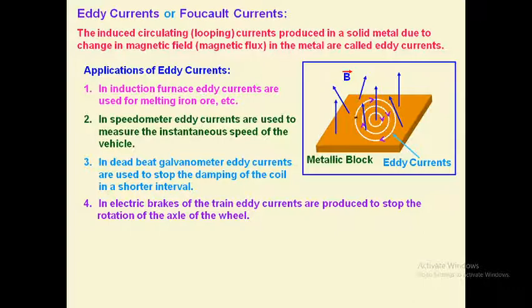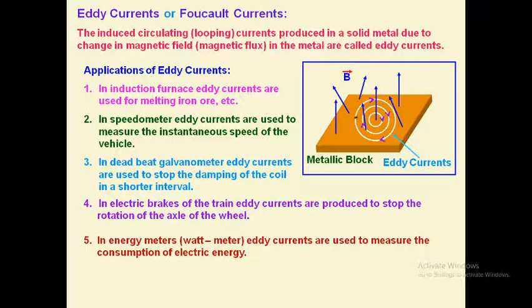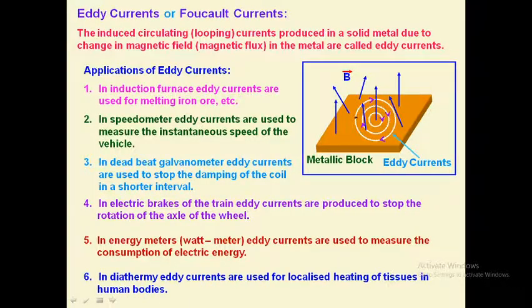So it can be used there also. In energy meters, eddy currents are used to measure the consumption of electrical energy. Sometimes in examinations they ask you to just write the applications, not in detail. You just need to write where they can be used. In diathermy, eddy currents are used for localized heating of tissues in human bodies. So it is a kind of physiotherapy.